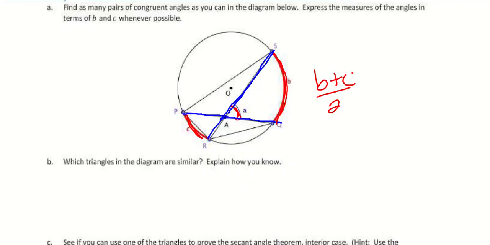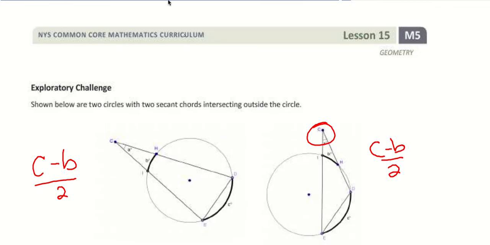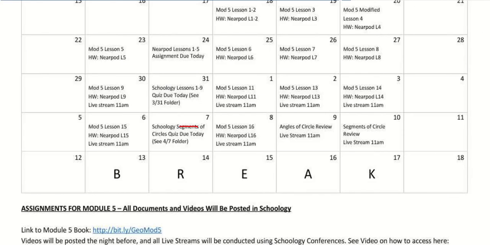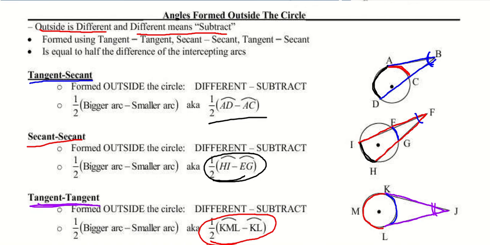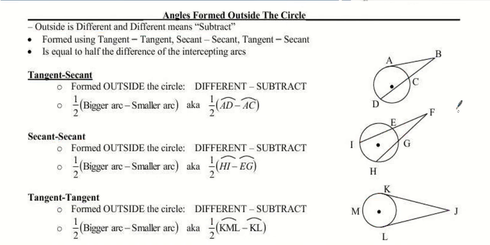Now, what we're going to focus on today is angles that are formed outside the circle, okay? So we just talked about angles inside the circle. Now we're going to talk about outside the circle. So the key thing to remember here is the saying we're going to use is that outside is different, and difference in math means subtract, okay?